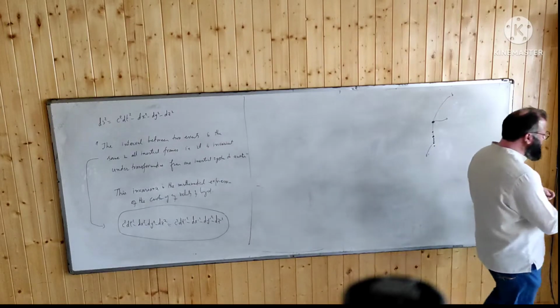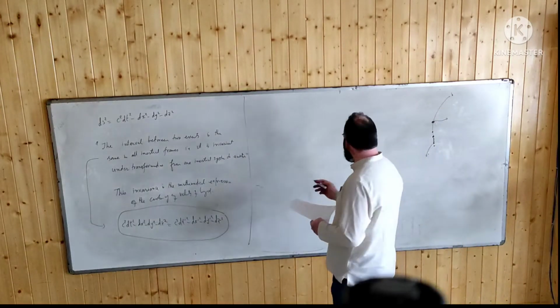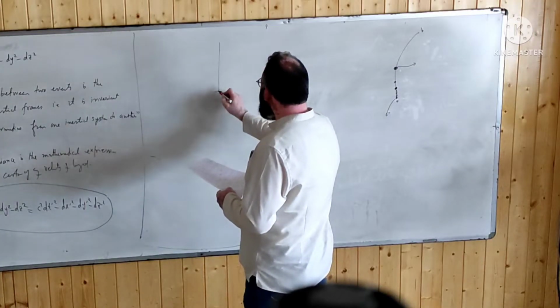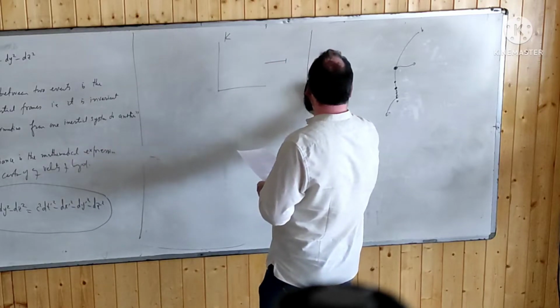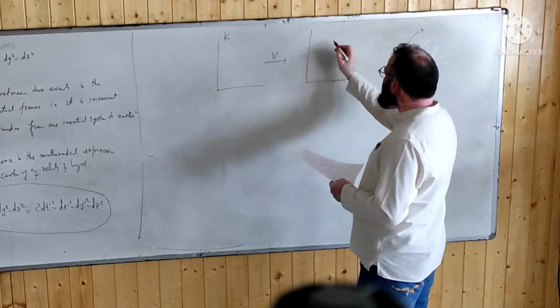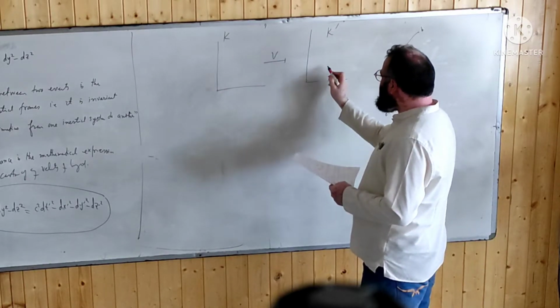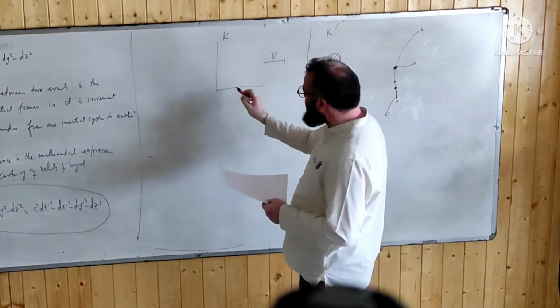So let's take this concept of the proper time. We'll take two clocks, two frames of reference. Your frame K and another frame K prime moving with respect to K with a velocity V. Let's attach a clock to this frame, and you have a clock here.